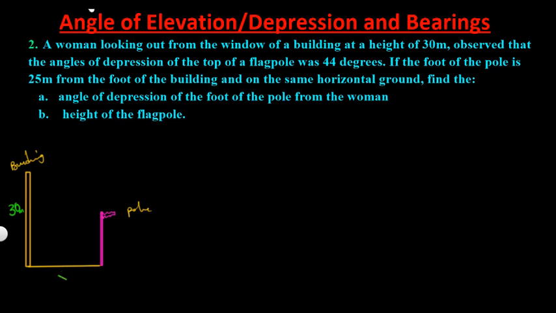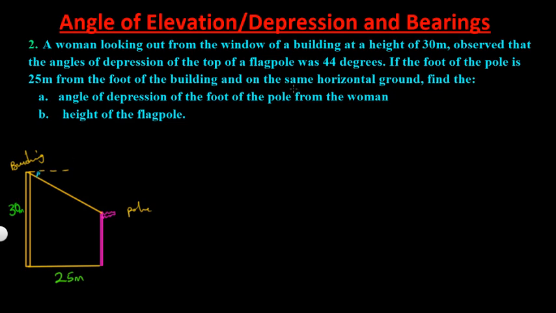They are 25 meters apart. So the woman maintained angle of depression. Remember that this will be the horizontal view. So for an angle of depression to the top of the flagpole, that is said to be 44 degrees.